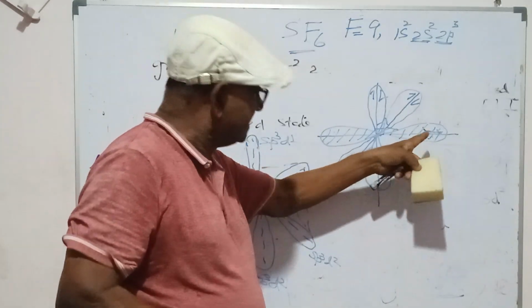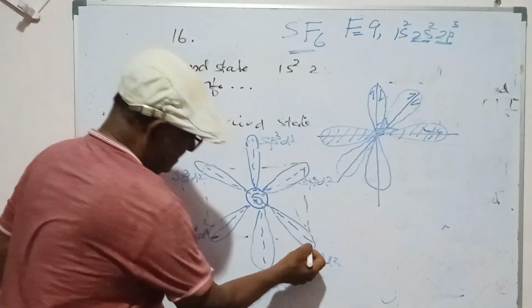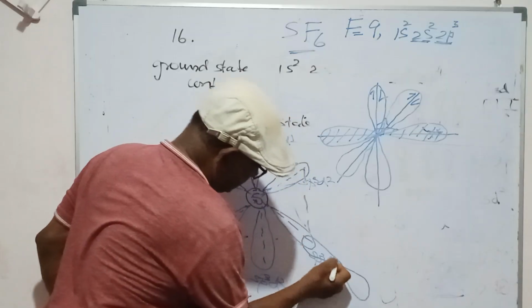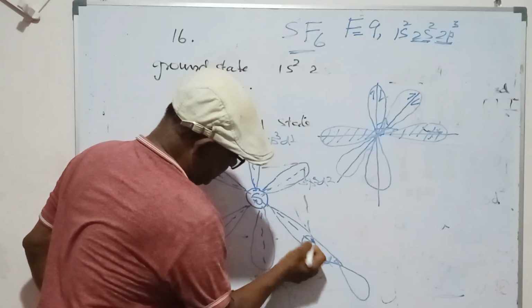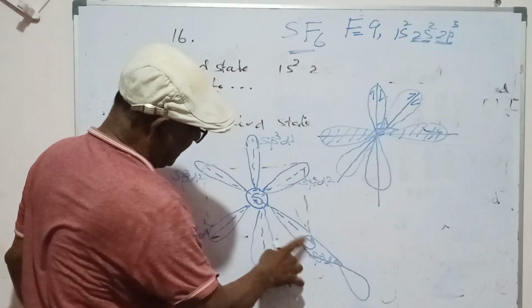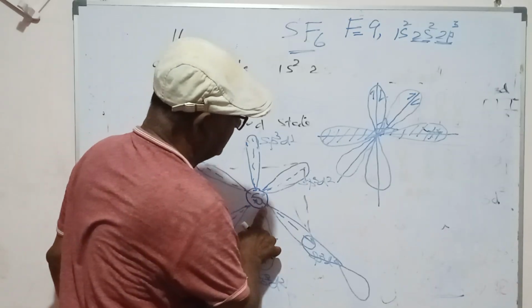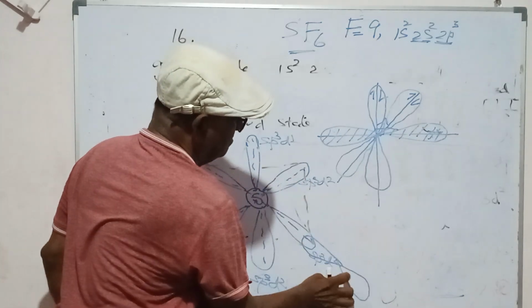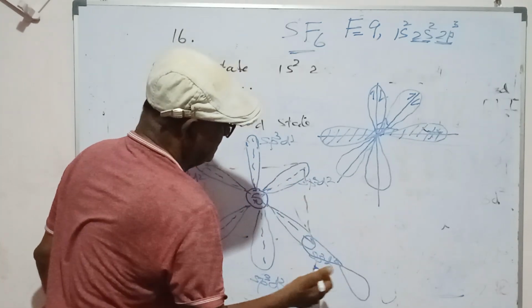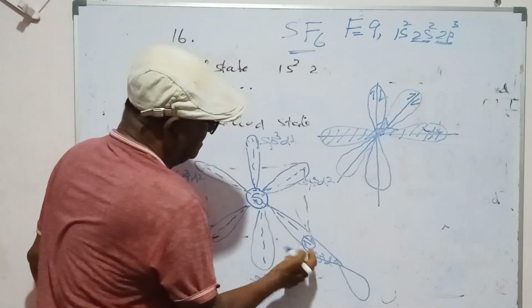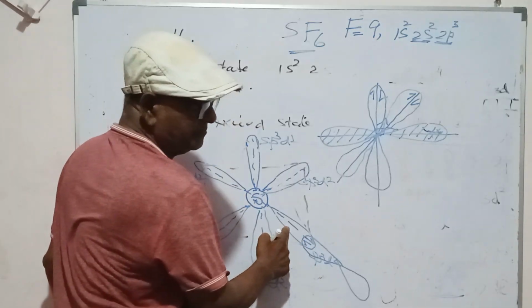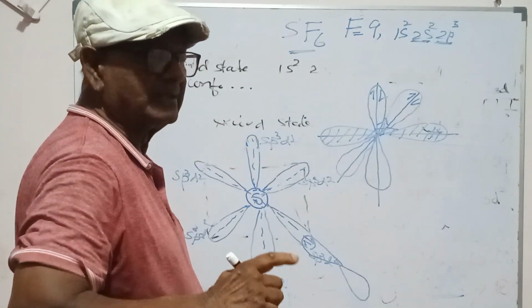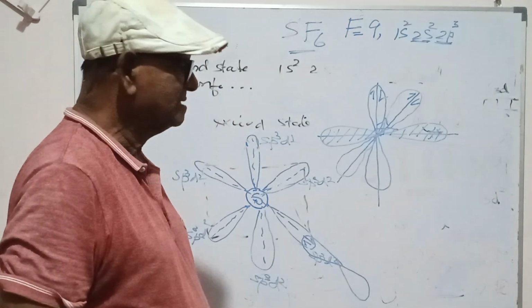So this orbital can bond like this with the sp3d2 hybridized orbital of sulfur. This is the p orbital of fluorine. Linear overlapping, forming a sigma covalent bond.